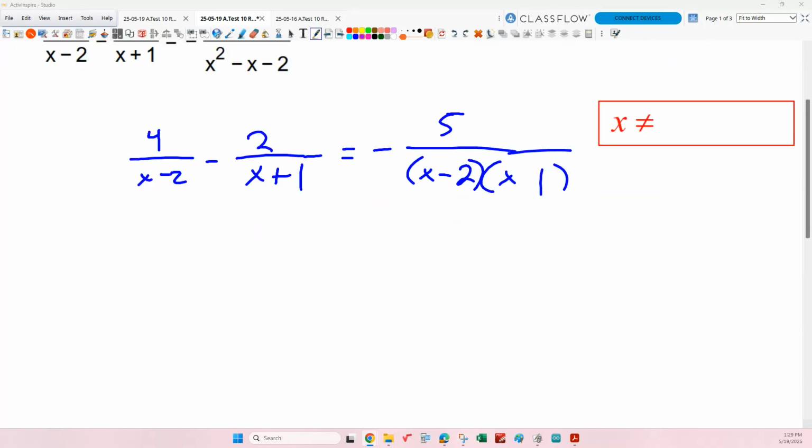This is the same thing we did, man, about like 8 months ago, right? When we did problems like this. Like, what would you have done if I had said something like x over 2 minus 1/3 equals 2/5? What would we have done? Get them to have the same denominator.